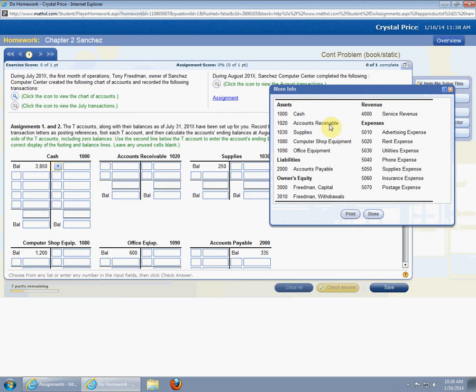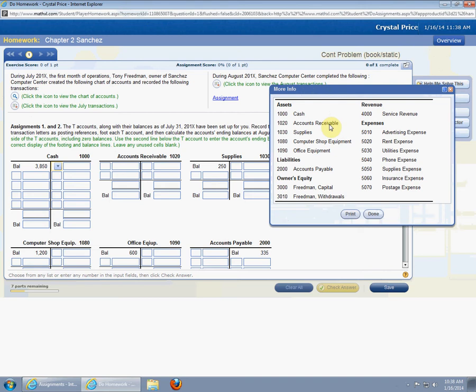We have A, W, E. That's assets, withdrawals, and expenses, all A, W, E. The rule, if it's an asset or a withdrawal or expense account, remember I'm drawing a little T account, left side's debit, right side's credit.